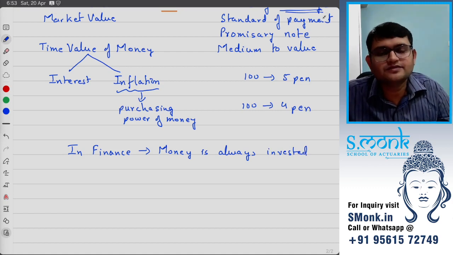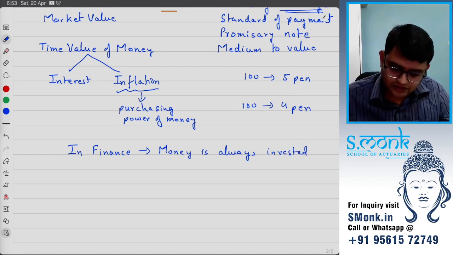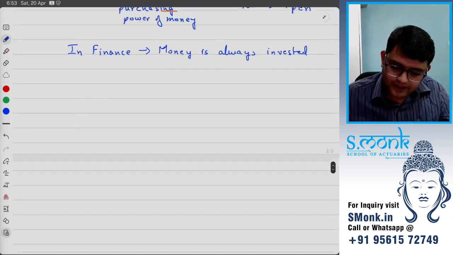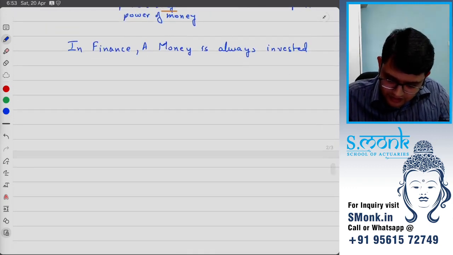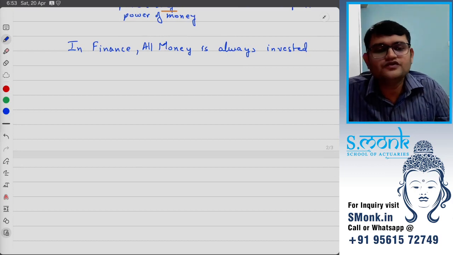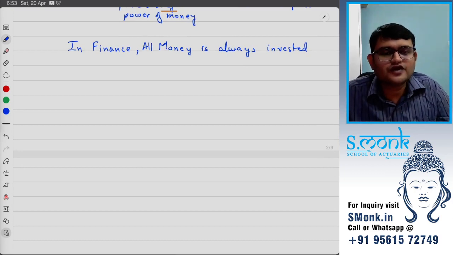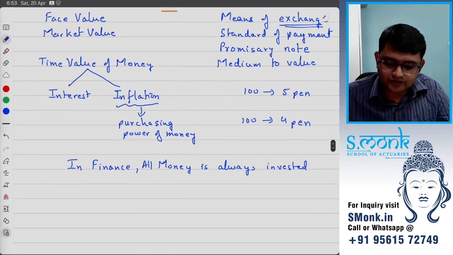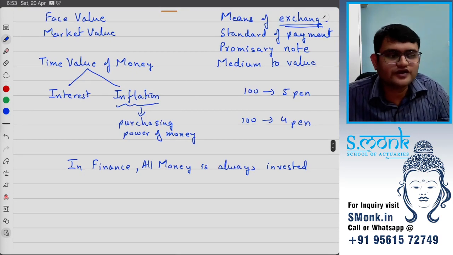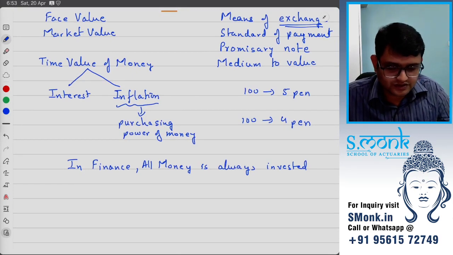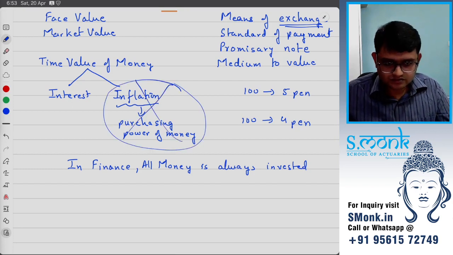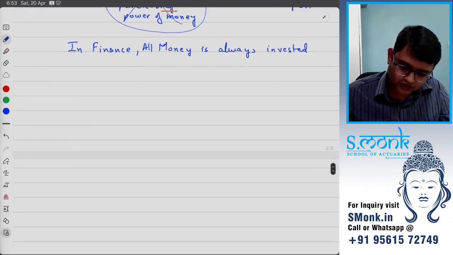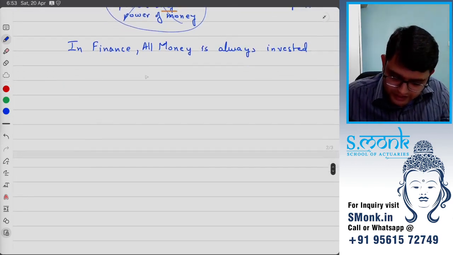There's no idle money. All money is always invested. So whenever we are talking about money, the money is always invested. So in this chapter, we are not going to talk about inflation. We are going to talk only about interest.